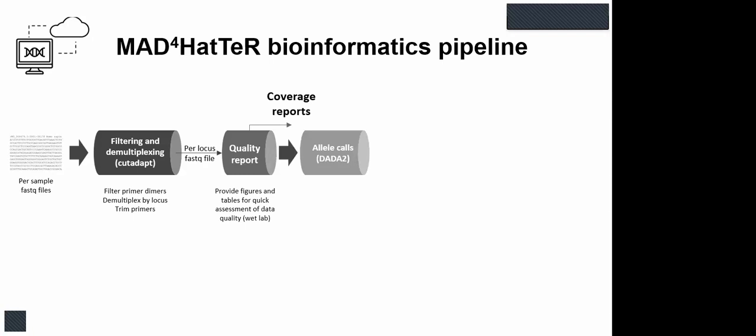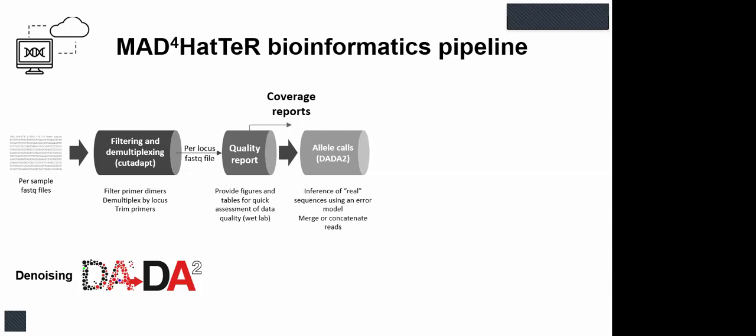After that, the pipeline sends the data for ASV calling. Here we denoise the data using DADA2. DADA2 is a common pipeline which is used for amplicon sequencing, most especially for those who understand metagenomics very well. So this is the pipeline we got, and we tried to play with it to make sure it can also do ASV calls for our data, so it's more optimized for multiple amplicons.